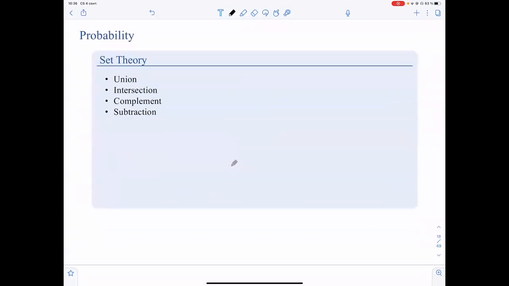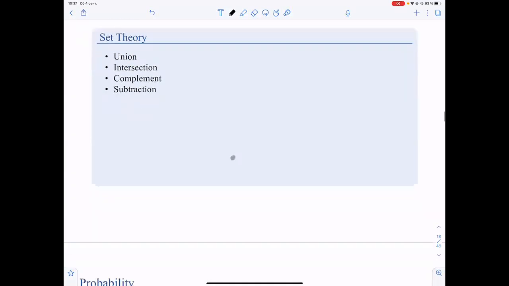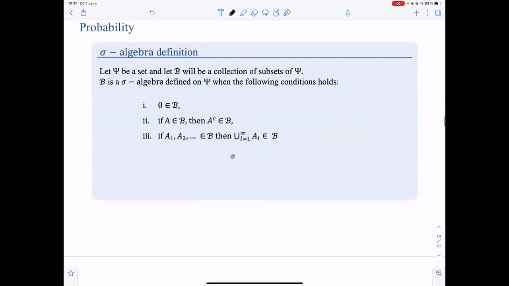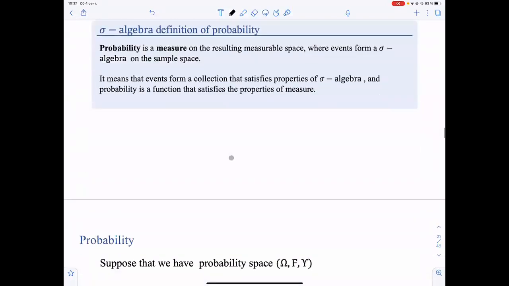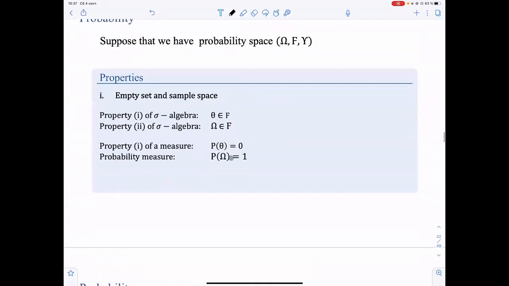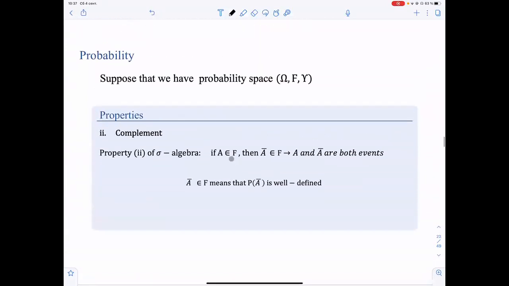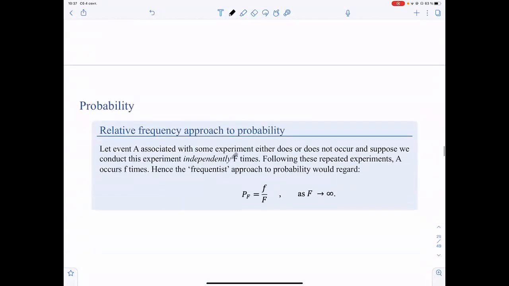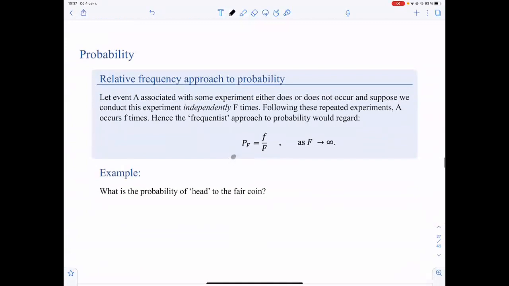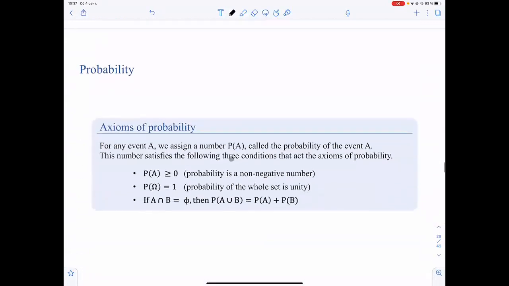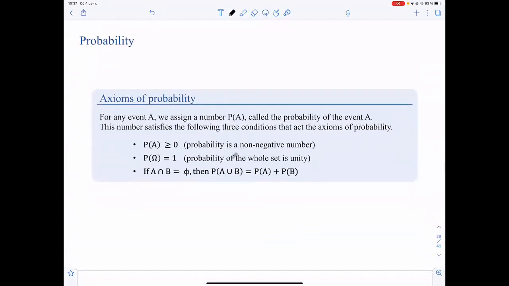The basics of set theory. You do know these operations: the union, the intersection, the complement, and the subtraction. Now we join back to the main topic of probabilities.